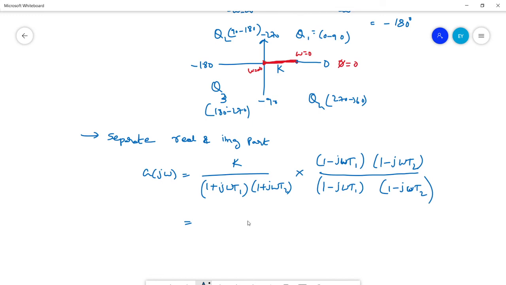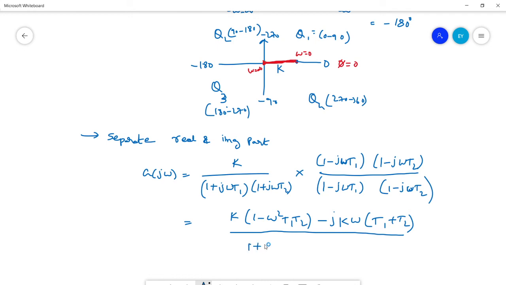It becomes k into [1 minus omega square T1 T2, minus j into omega (T1 plus T2)], divided by, using (a plus b) into (a minus b) equal to a square minus b square, (1 plus omega square T1 square) into (1 plus omega square T2 square).